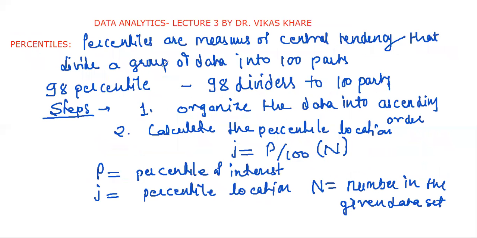So we already discussed percentiles are measures of central tendency that divide a group of data into 100 parts. The meaning of 98th percentile is 98 dividers to 100 parts. Then what are the steps? Organize the data into ascending order. Calculate the percentile location with the help of j is equal to p upon 100 into n, where p is the percentile of interest, j is the percentile location, and n is the number in the given data set.